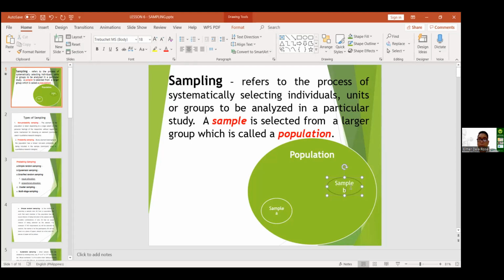Yun ang sinasabi ng testing the hypothesis using samples from population.